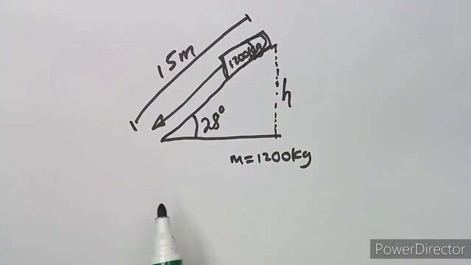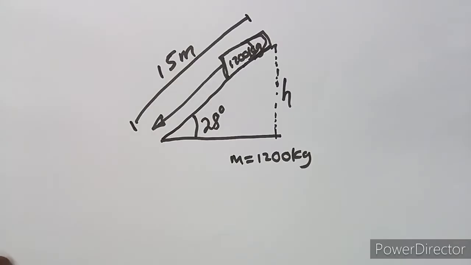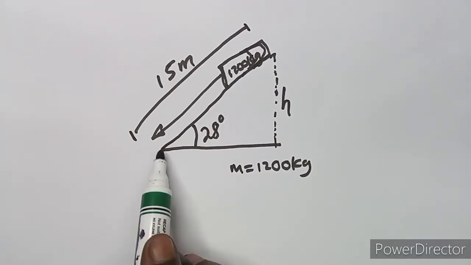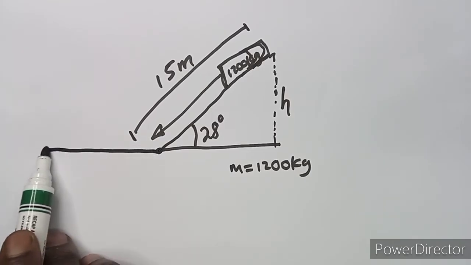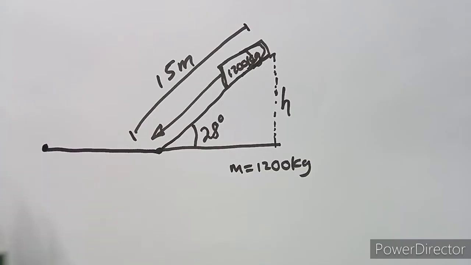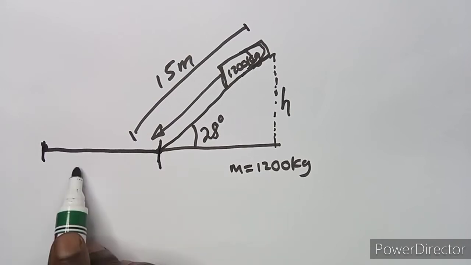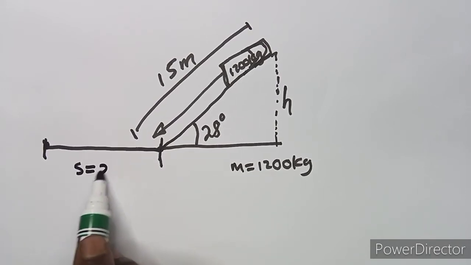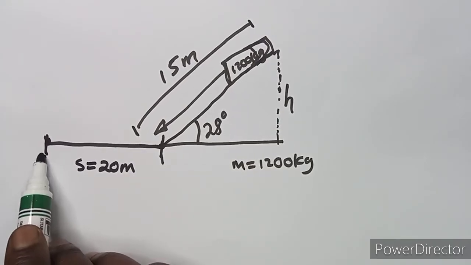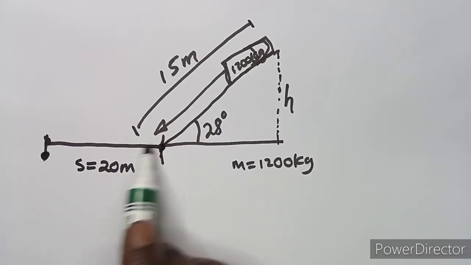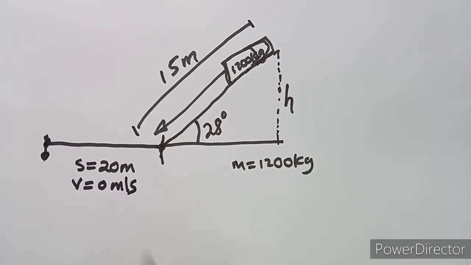So this car moved from this distance of 15 meters, the slope, then when it was taken downwards it had to move until it comes to rest at a certain distance from this point, which is 20 meters. Until it comes to rest, which means the final velocity from this point up to this point is 0 meters per second.